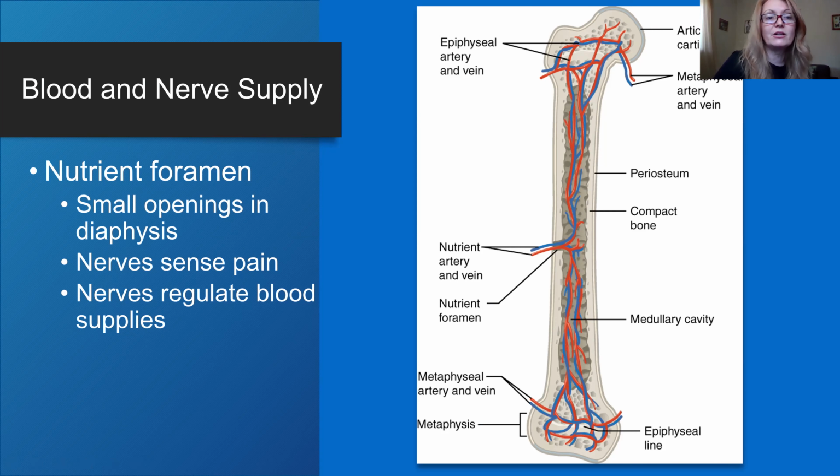Actually, your bones are a very vascular structure. If you break a bone, you're going to bleed a lot. Hopefully you will never break a bone, but if somebody breaks a bone, there's going to be a lot of bleeding. Compared to that, cartilage is avascular.